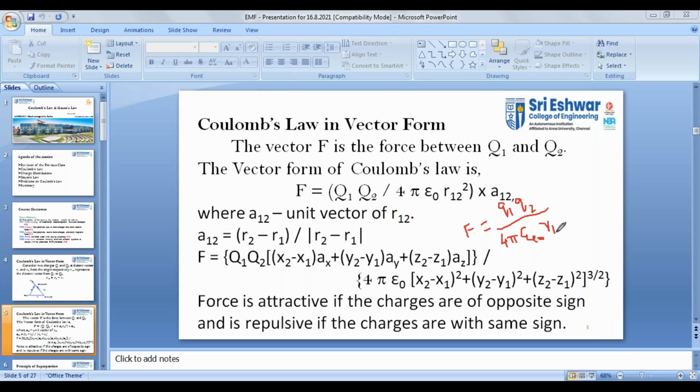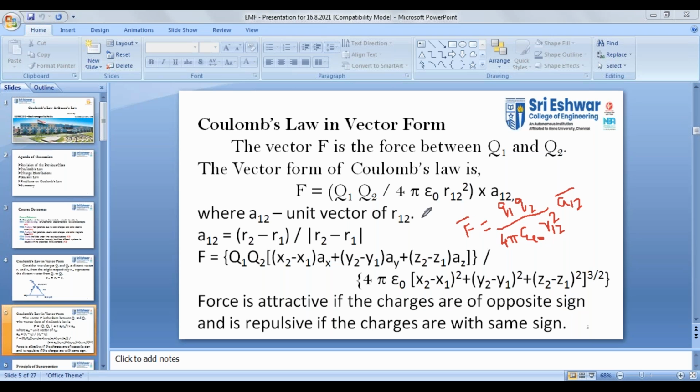R square is the actual formula, but here I have taken R as R12, so it will become R12 square. In addition, I am going to have a unit vector A12 vector.